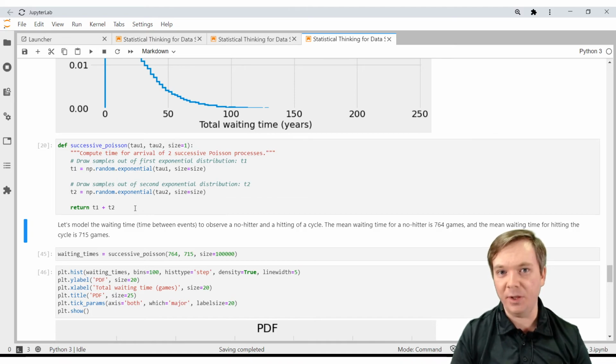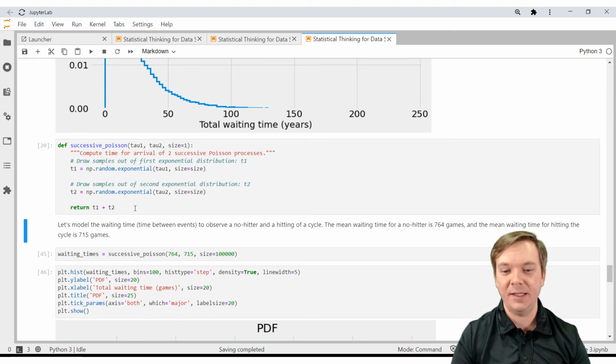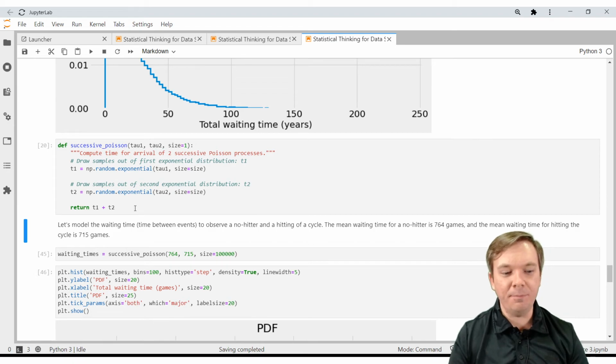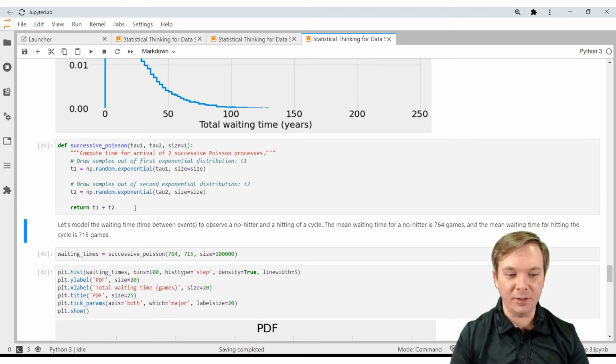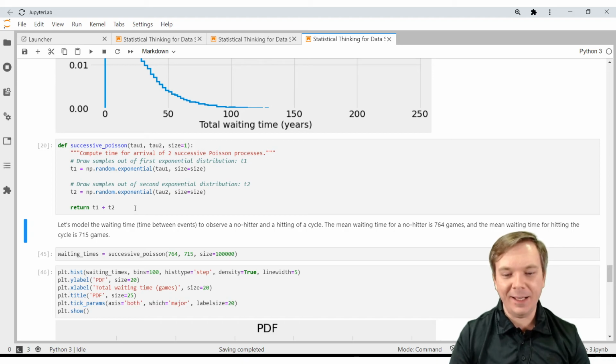The pitcher is doing a very good job, and the batters never get to a base. The mean waiting time is 764 games. It's very uncommon. The mean waiting time for a cycle is 715 games, okay? So what's the waiting time between a no-hitter and then a cycle? That's basically what this would be. It's kind of an unusual thing that you'd want to measure, but you could do that.